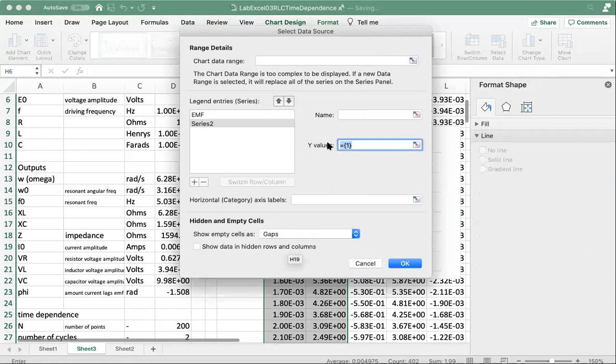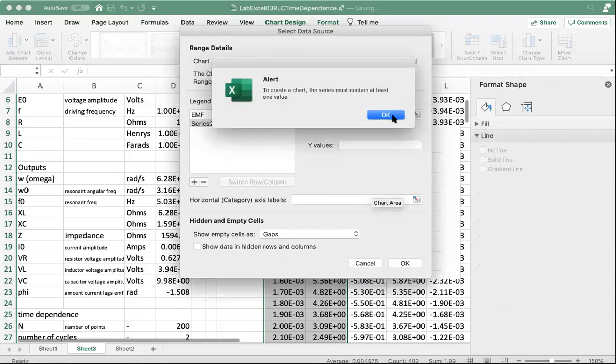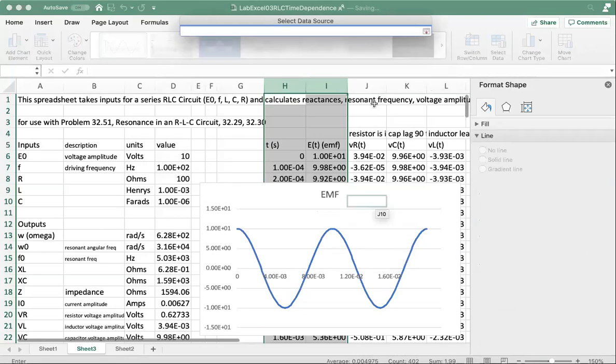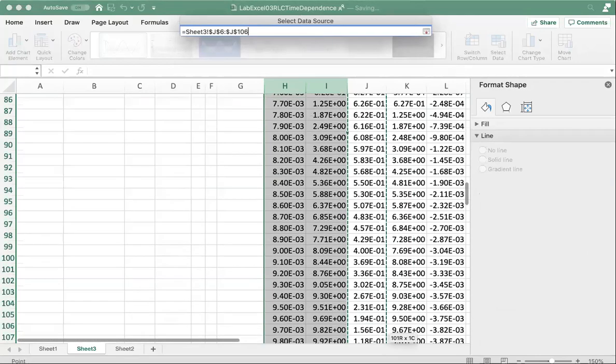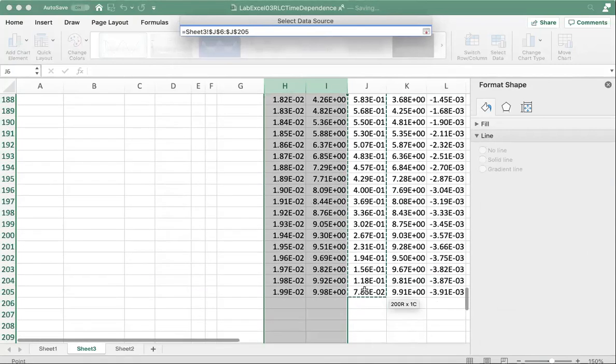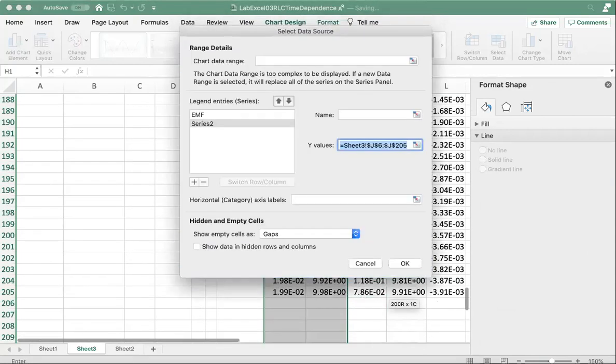And I got to grab these Y values. So I'm just going to click on that box to create a chart. Let's see, let's claim 1 value. Yeah, okay. So what I'm going to do is grab this and just go all the way down. Okay, so press enter, that inputs those there.